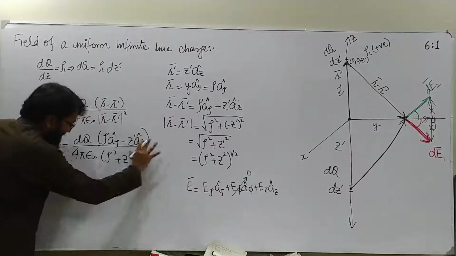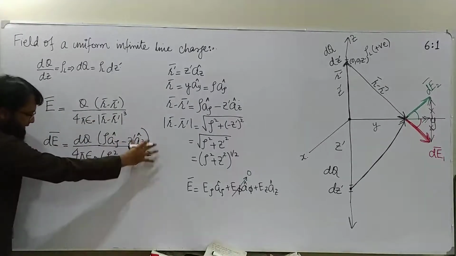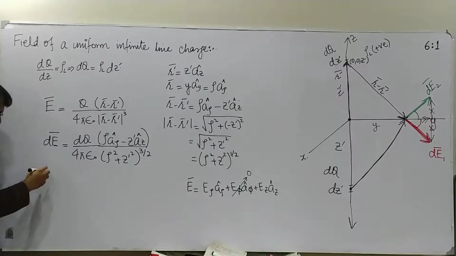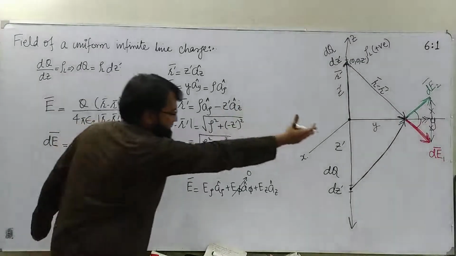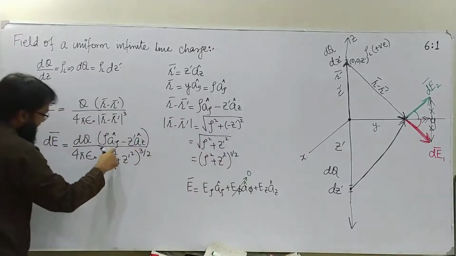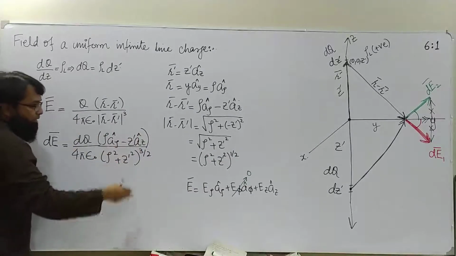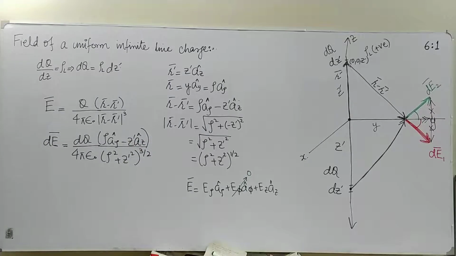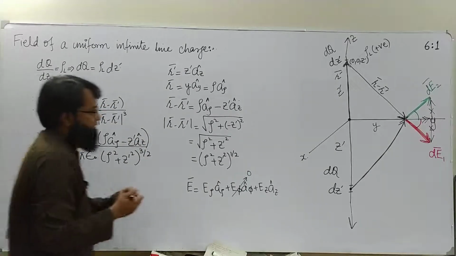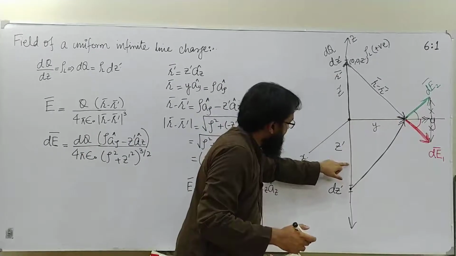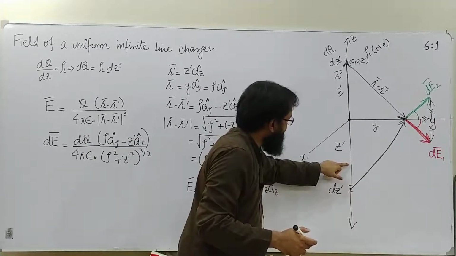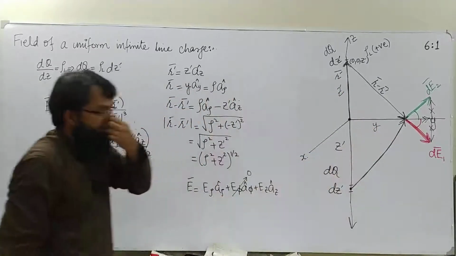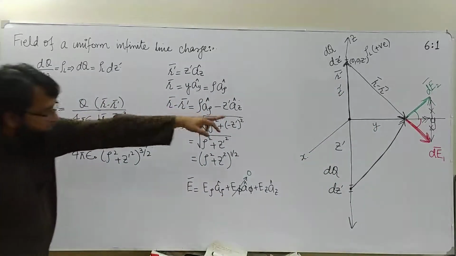So before attempting, mindlessly, the integration of this complex expression, let's do the symmetry check. After doing the symmetry check, we realize that after doing the integration, the overall field will not have the z component, because of the reason I just explained: there is always a point below the z equals 0 plane for its corresponding point above the z equals 0 plane, which will symmetrically cancel out the z component as I just showed.